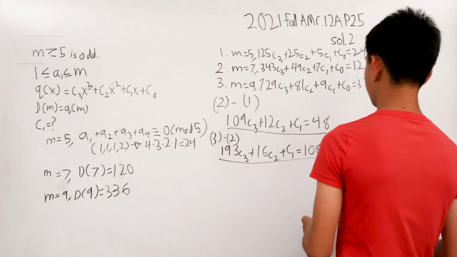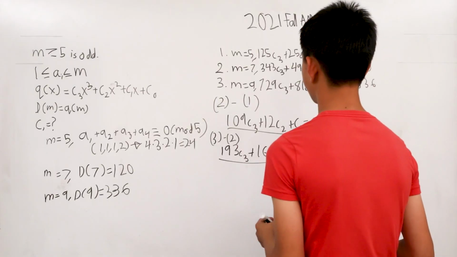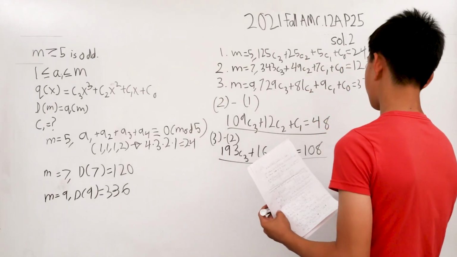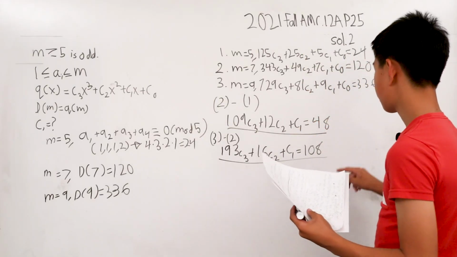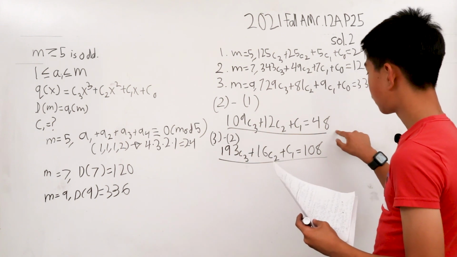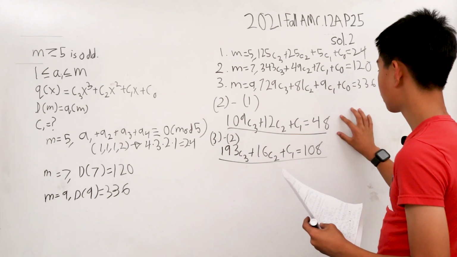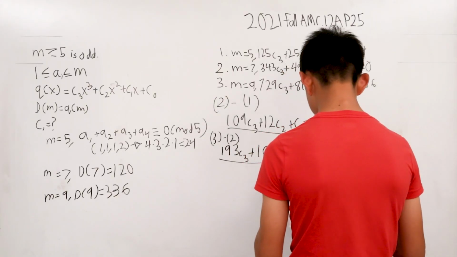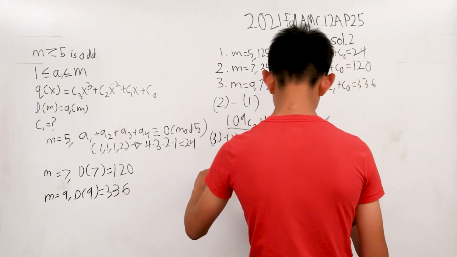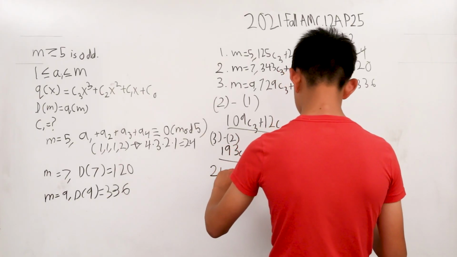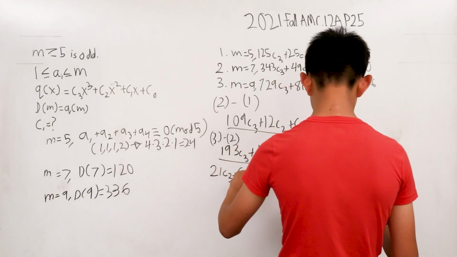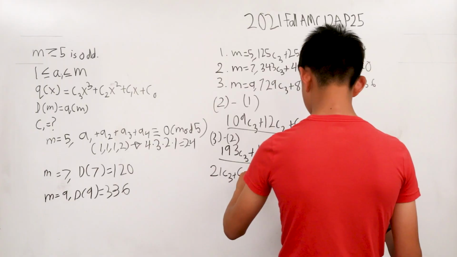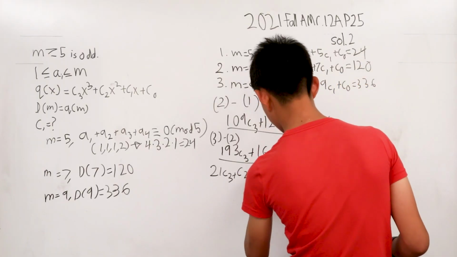These could be numbered 4 and 5, but it doesn't really matter. What matters is that we subtract the one with the smaller number from the one with the larger number. When you simplify that, you get 21 C3 plus C2 is 15.